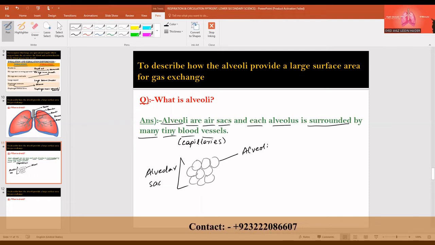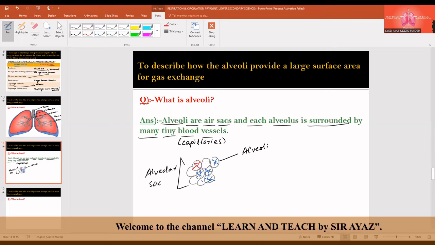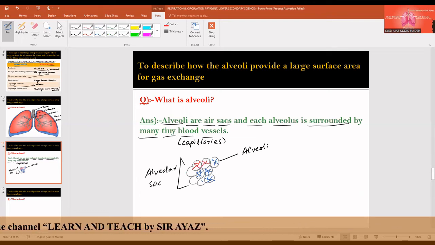Now they are surrounded by tiny blood vessels known as capillaries. Like this one, you see, these are the capillaries. Some are oxygen rich, some are oxygen deficient.